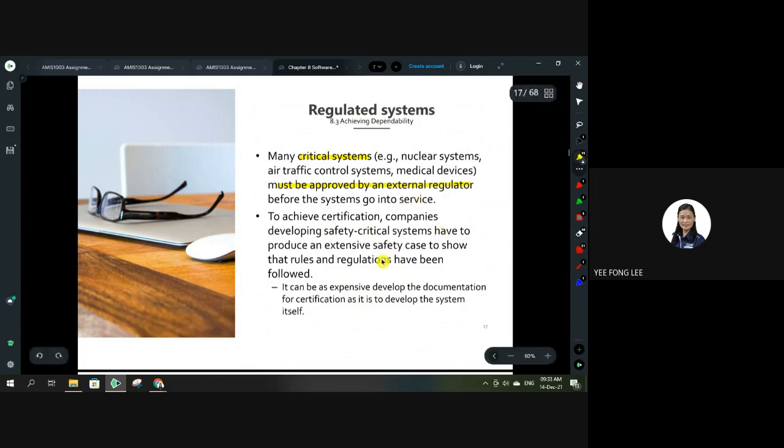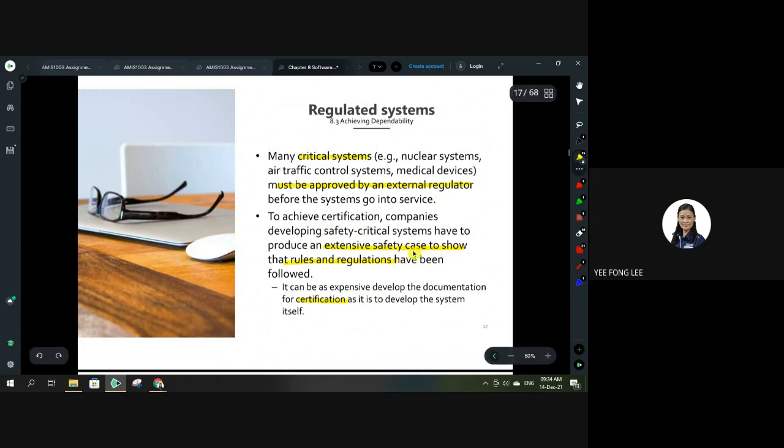So to achieve the certifications mentioned here, the companies that are developing safety critical systems have to produce an extensive safety case to show that they are complying with all the rules and regulations, meaning that all rules and regulations have been followed.